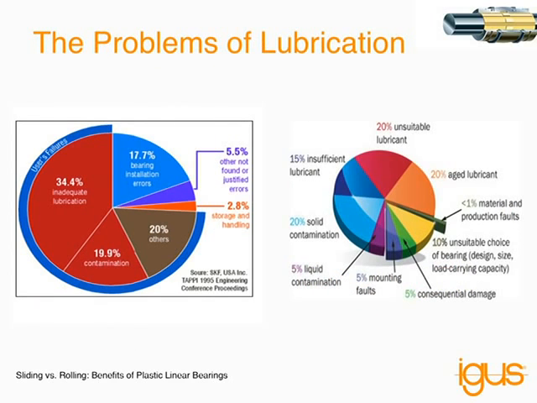Don't just take Igus' word for it about plastic bearings and how they can save and reduce maintenance costs. We like to talk about that a lot, but both of these studies and basically any study done on bearing systems will tell you that the number one problem with any bearing system is due to lubrication related failures, and that could be from parts not being maintained correctly, or the grease not being administered at the right time or improperly.